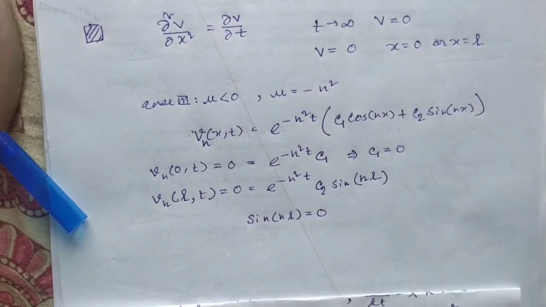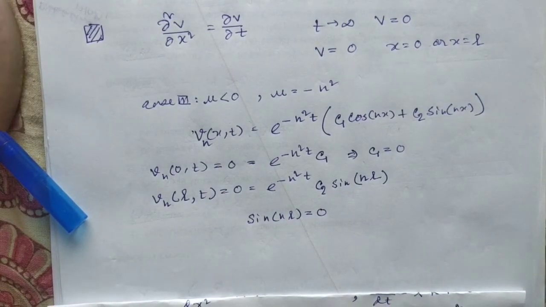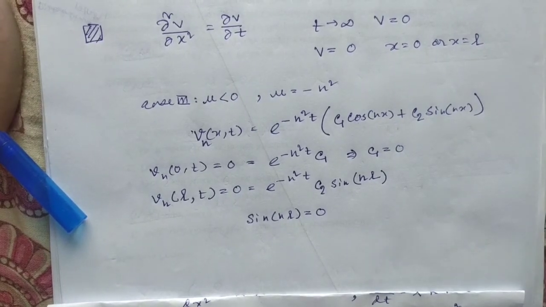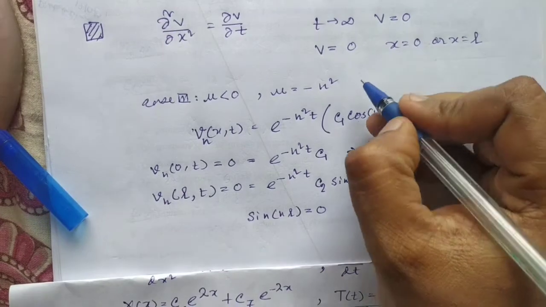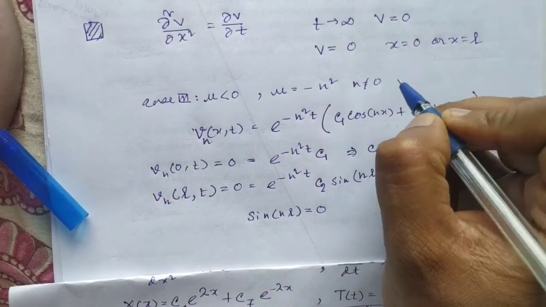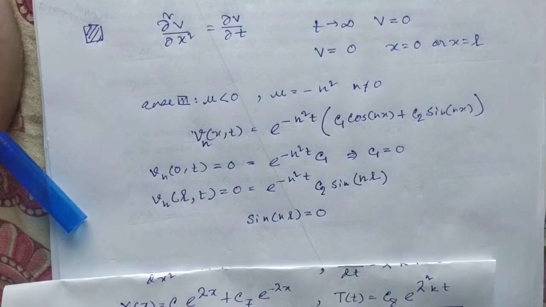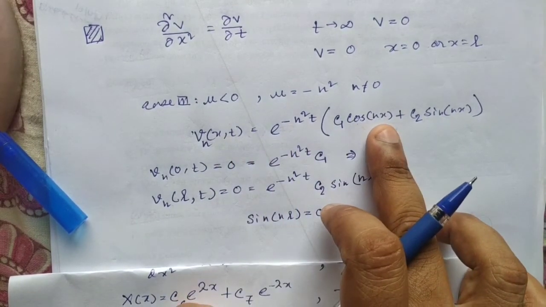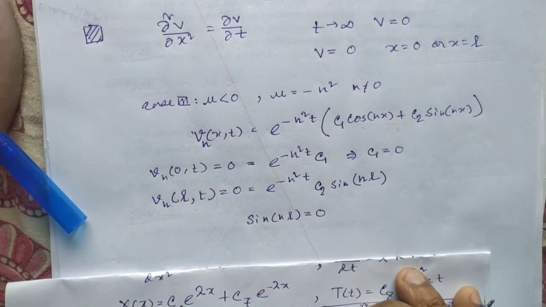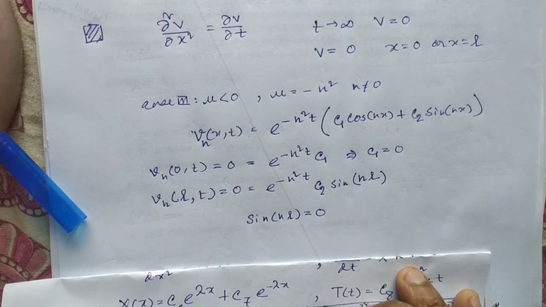So actually what you are doing is that you have taken your mu to be minus n square, and you have said that this n is not equal to 0, and whatever be the n, you should be having such a solution, and the summation of such solutions over n should be another solution.